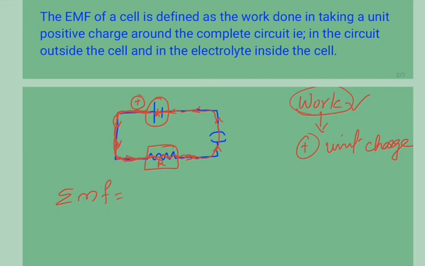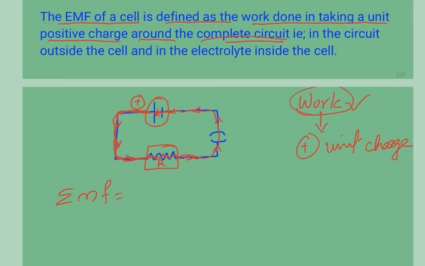So we'll define it once more. The EMF of a cell is defined as the work done in taking a unit positive charge around the complete circuit. Complete circuit means inside the cell as well as outside the cell.